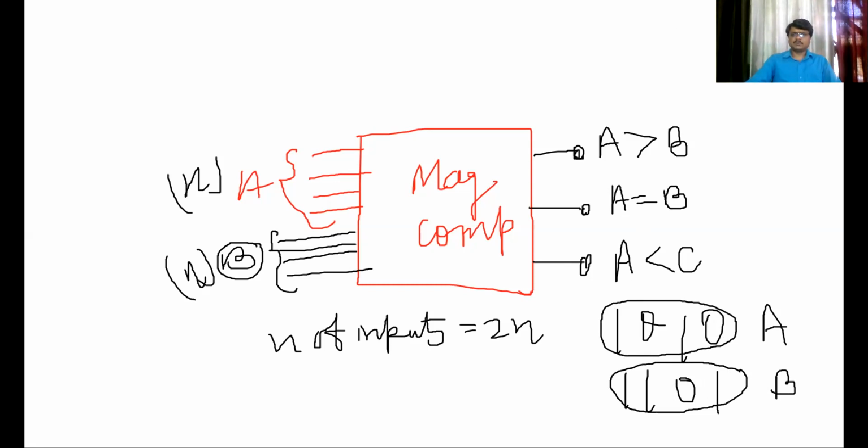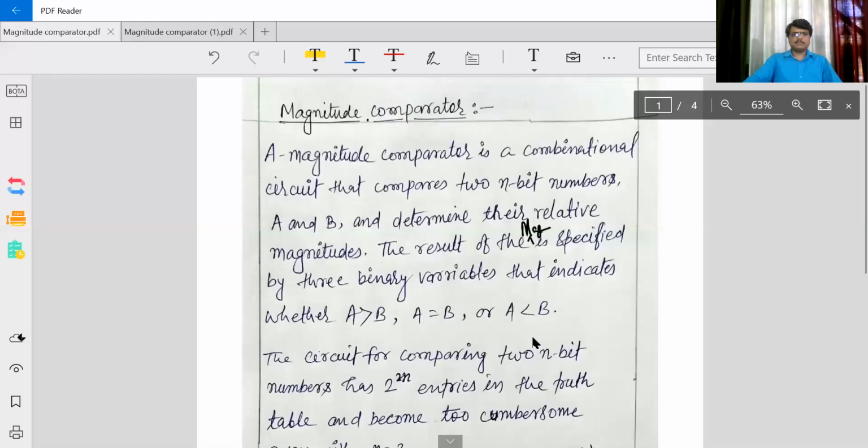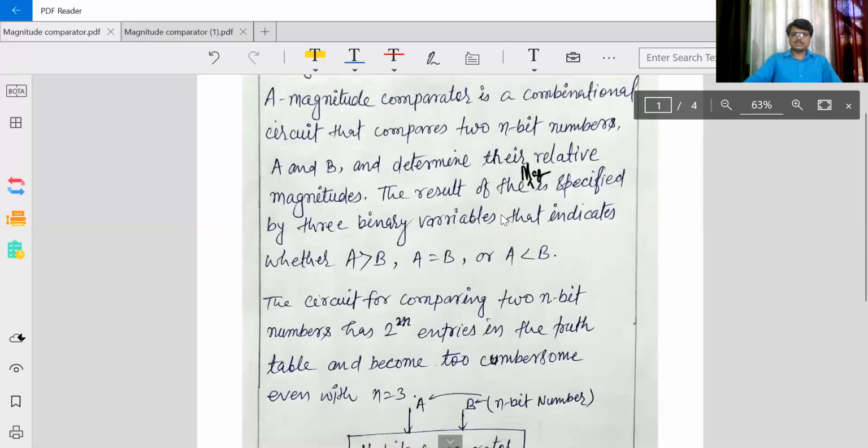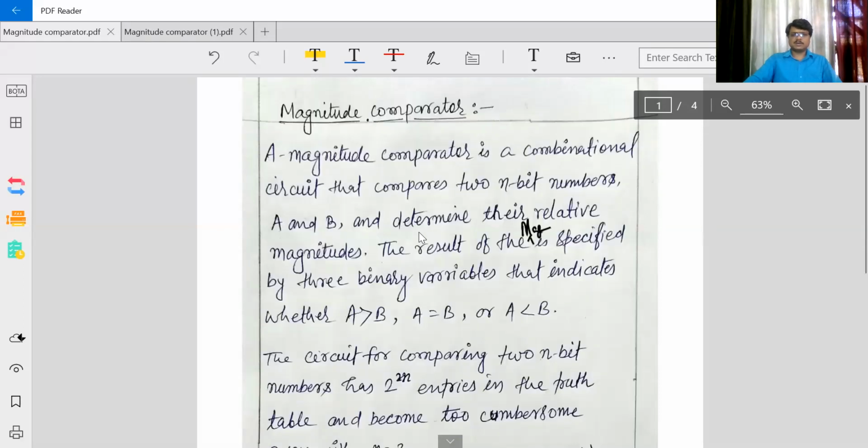We'll go further and see what is happening. All these things I have already told you. A magnitude comparator is a combinational circuit that compares two n-bit numbers A and B and determines their relative magnitude.